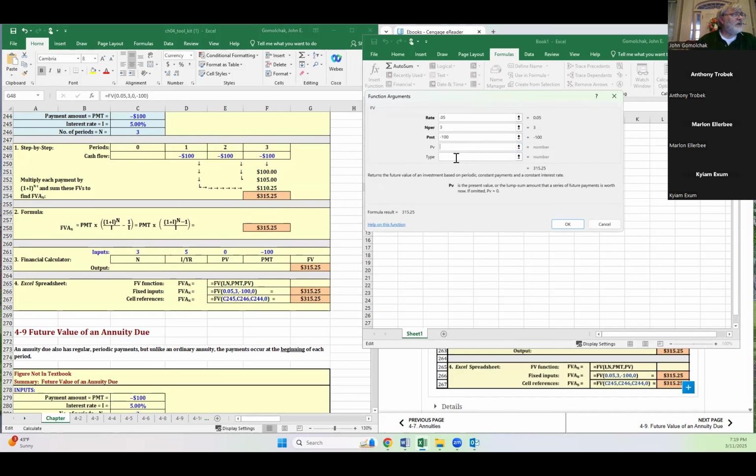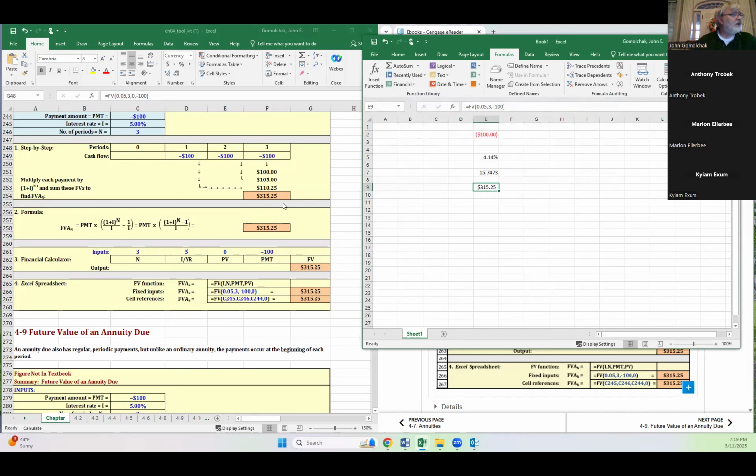I don't think so. Do we have a type? Well, this is not an annuity due. This is a regular, ordinary annuity, so we don't bother with it. We could put a 0 in there, but I'm not going to bother. $315.25. So that is how you would do it in Excel.